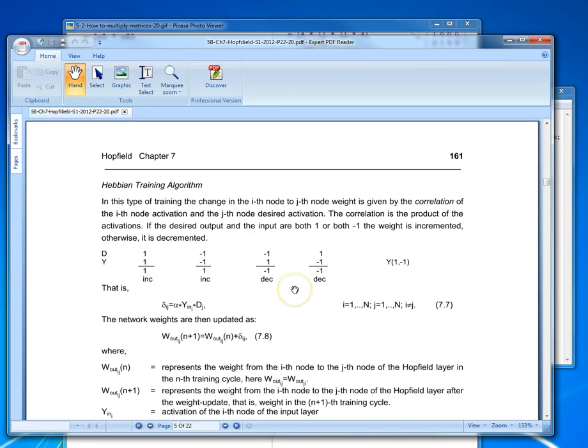That's by decrementing the values, which is the same thing as, for example, the amount of weight change being alpha times y times d. y is the computed value, d is the desired value. Obviously, if both of them are +1 or both of them are negative, that is going to be plus. If one is plus and one is negative, then obviously they're going to be decremented.